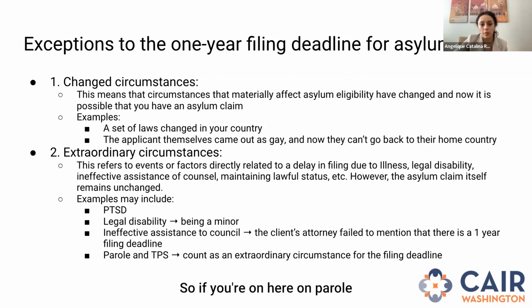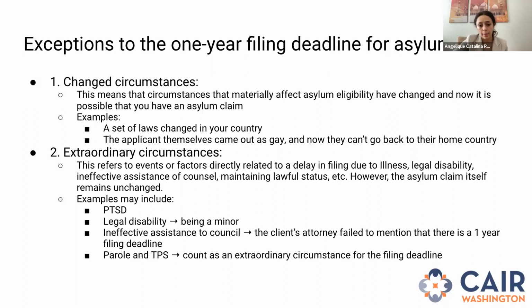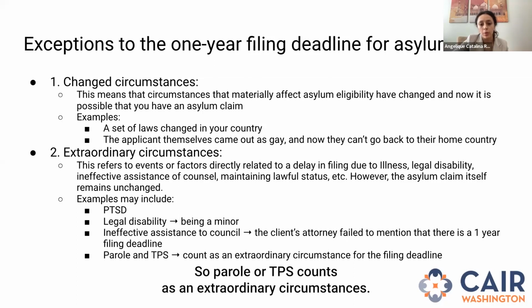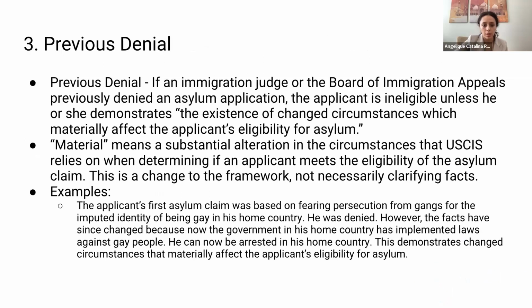So if you're on parole, or if you're a newly arrived Afghan who was evacuated, that counts. Parole or TPS counts as an extraordinary circumstance for the filing deadline. But again, be sure to talk to your attorney about this. So yes, next slide, please.